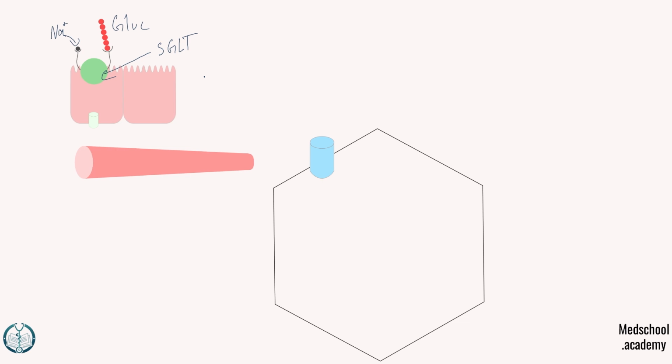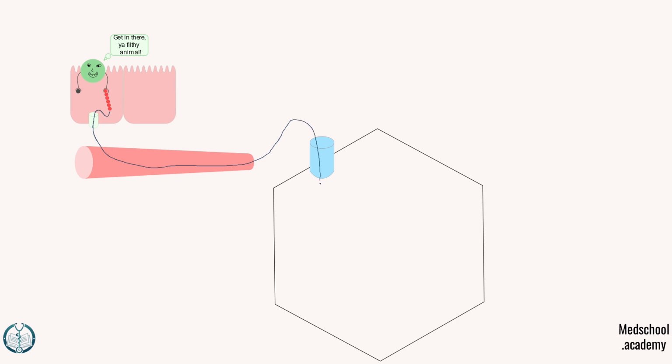So what this is going to do is grab sodium and glucose and just shove it in the cell. So next, the glucose will get out of the intestinal cell from here, enter the bloodstream, and eventually make its way down to a cell. And in this case, we're going to take a hepatocyte, which is a liver cell, as an example.